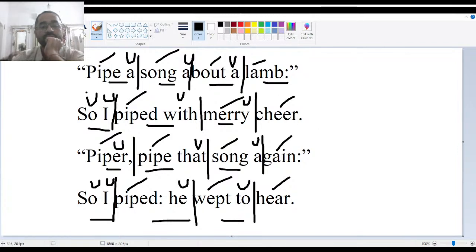So trochaic trimeter, with variations. Pyrrhic, second line, first foot. Pyrrhic, fourth line, first foot. So: trochaic trimeter catalectic with the variations that I have just mentioned.